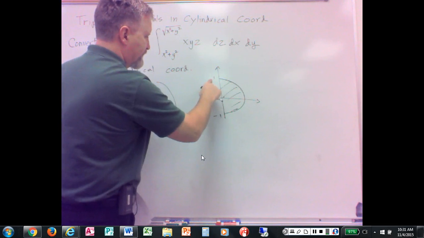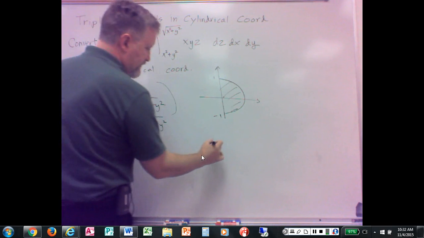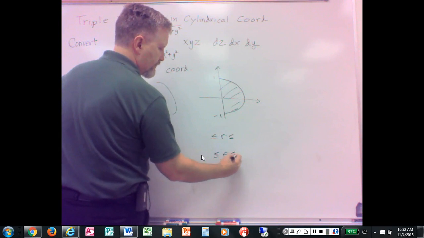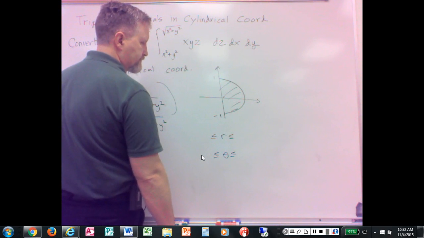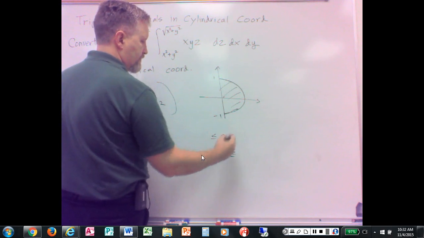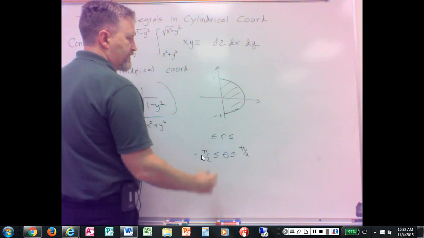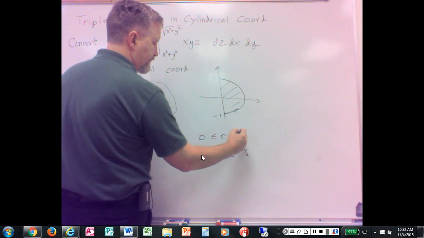Y goes from -1 to 1, so it's just the right side of a unit circle. All right, well, what we need from that then is r's and thetas. Negative pi over 2 to pi over 2 for theta, okay. The r's just go from 0 to 1. Pretty easy, isn't it?